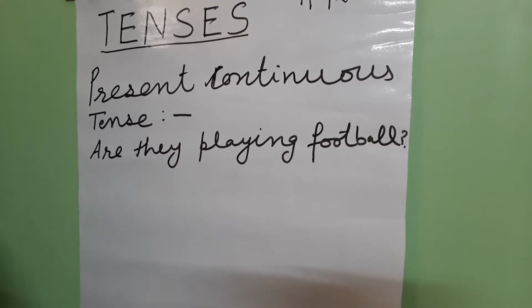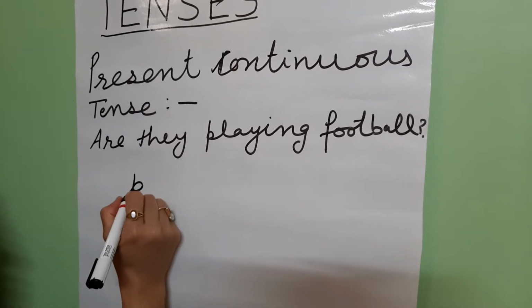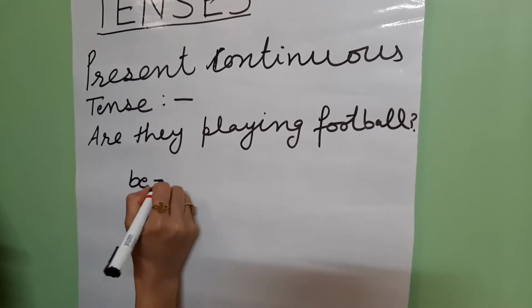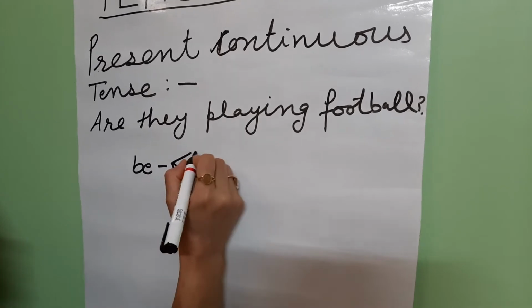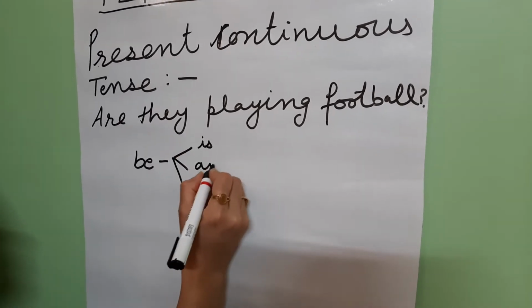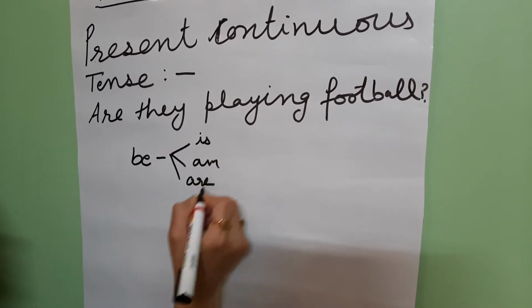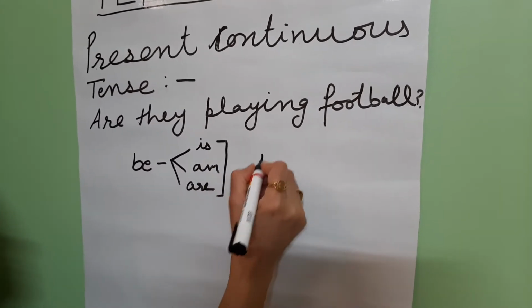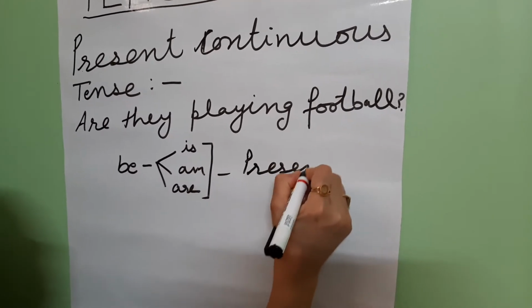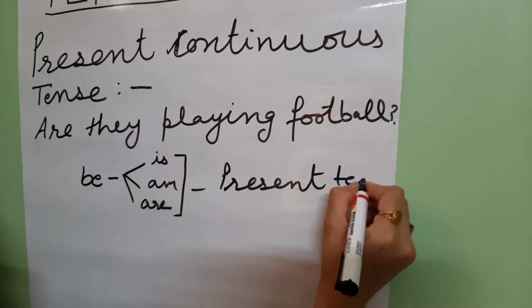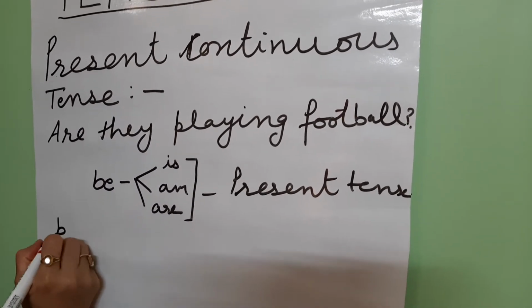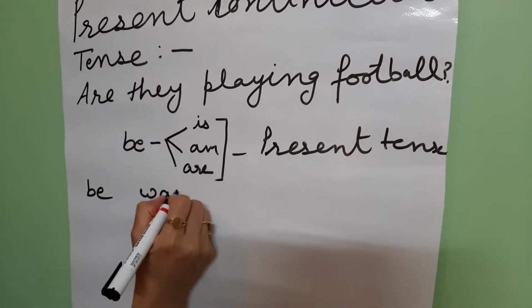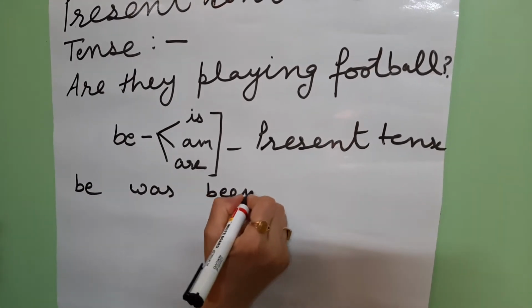Is, am, are. These three verbs are all helping verbs and these three are parts of be. Is, am, are are used in present tense. And the other three forms of the verb be: was, been, being.